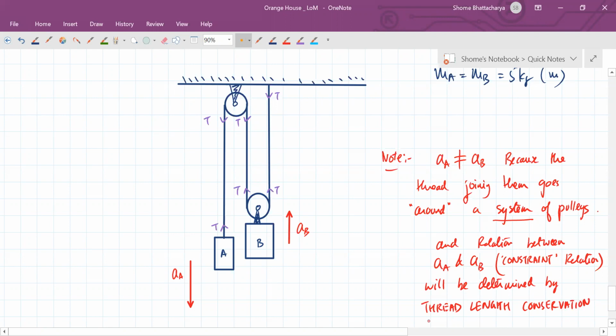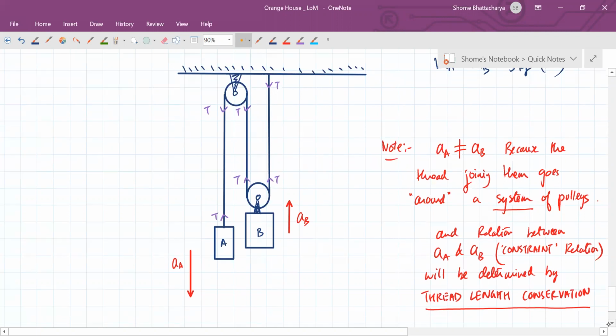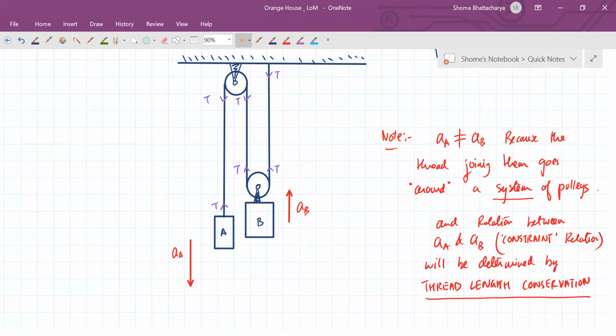So this is something very important that we learn. Constraint relation from thread length conservation. Okay. So just note down this point first, then I'll explain it to you.